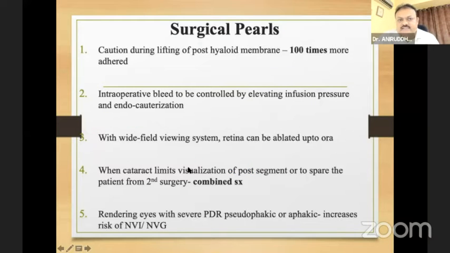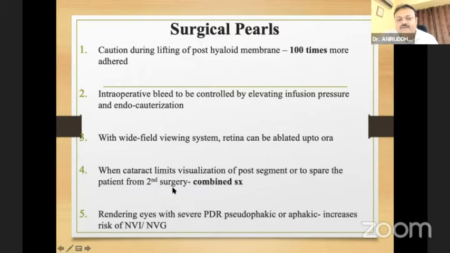So there are certain surgical pearls. We should be very cautious in lifting the posterior hyaloid membrane, which is actually much more adherent compared to normal cases. Intraoperative bleeding is a concern. We need to increase the infusion pressure, and endocauterization is a must. With the wide field viewing system, we need to ablate the retina up to the ora to prevent rebleeding.